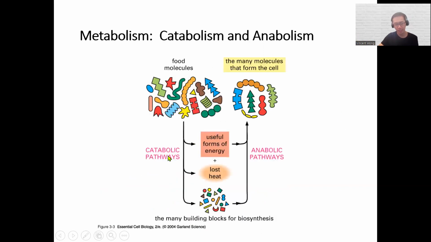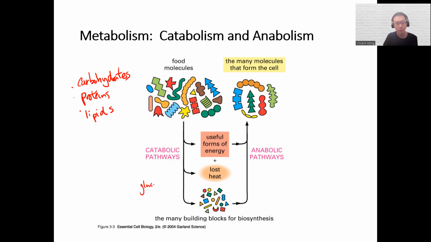So this is basically what I wrote down, but in a more cartoonish way to help you understand. These are food molecules, and the food molecules can be carbohydrates, protein, lipids, right? They are macromolecules. And in the catabolic pathway, we're going to break them down into building blocks.